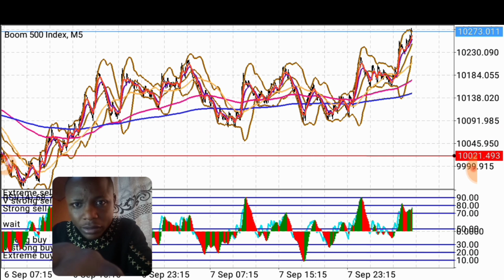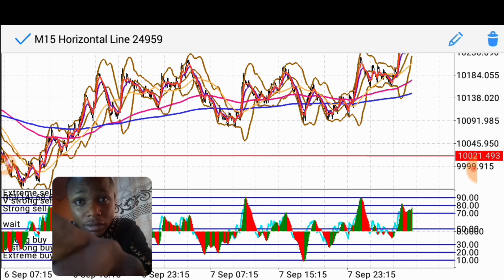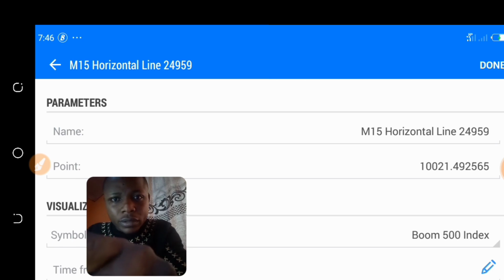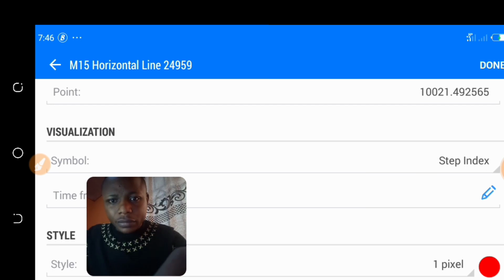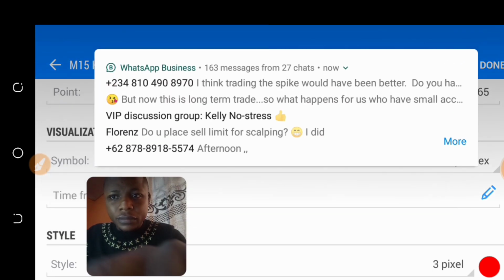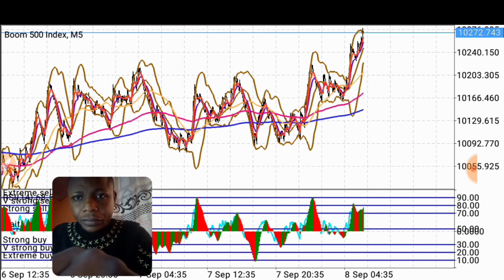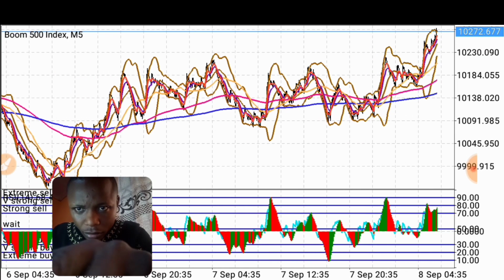So for example, this is a resistance, this is a support line. Let me change the pixel rather. Where's the line?